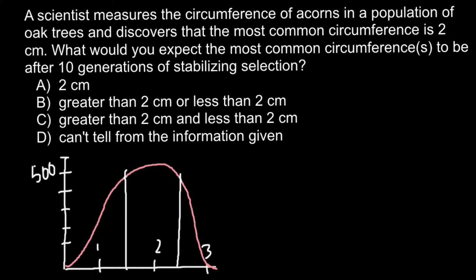This is going to be a group where all the acorns would be between 2 and 3 centimeters, so would belong to the group with medium size, 2 centimeters, and this group here would be acorns that would be small, so small, medium, and large here. So this group here would be more than 2 centimeters.